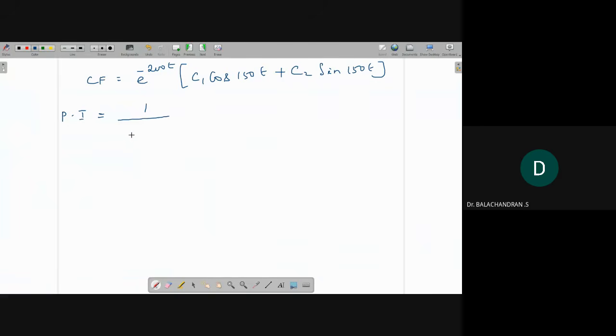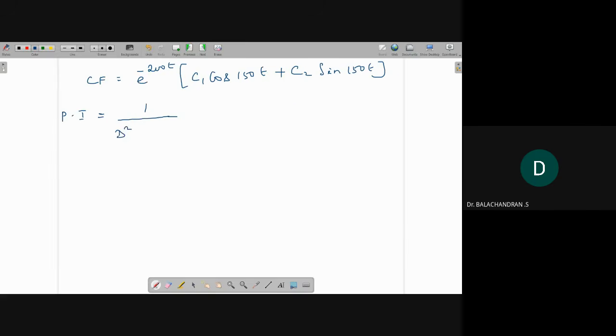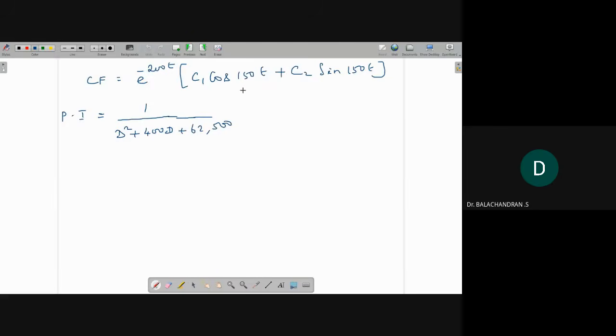So now the particular integral is 1 by D square plus 400D plus 62,500, and the right hand side is 400 cos 250t.